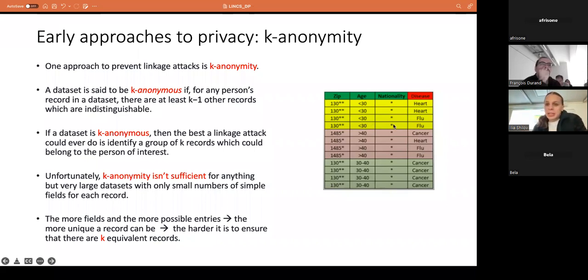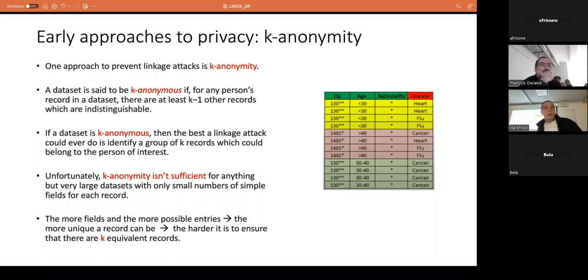So here, the idea is that zip, age, and nationality are the same for these 4 entries, as well as here and here. And this table is then k-anonymous, because there are 4 entries for each identifier. That's a decent approach to privacy.